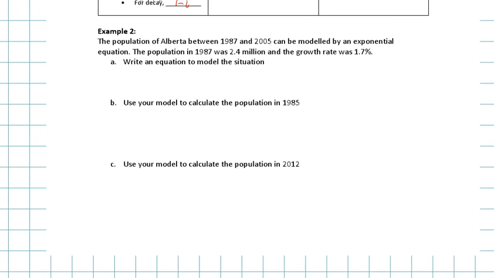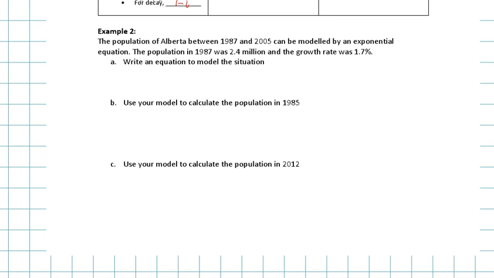So A is going to be 2.4 million, but I have to specify that this equation is since 1987. And 1987 means that's my year 0, right? So when I come to plug in numbers for my number of years, I don't plug in 1987.